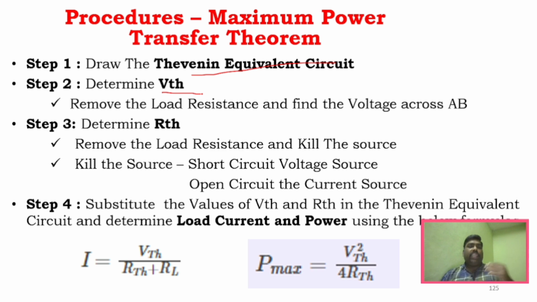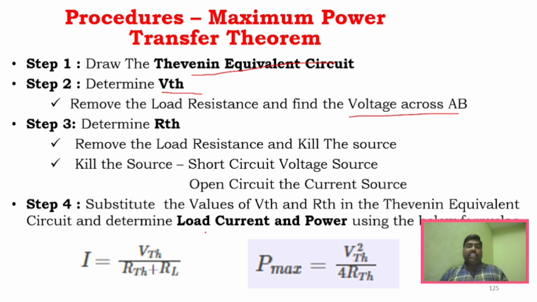To determine VTH, first we remove the load resistance and find the voltage across AB. Then you need to find RTH. How will you find RTH? You have to remove the load resistance and kill the source. For killing the source, we short circuit the voltage source and open circuit the current source, right?